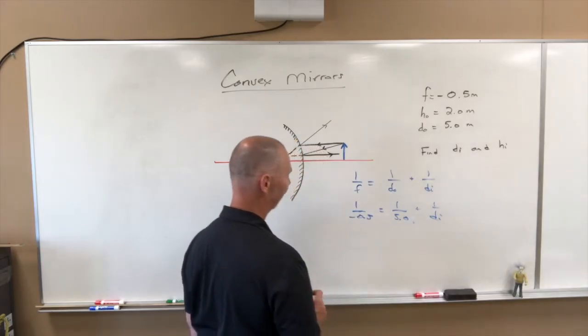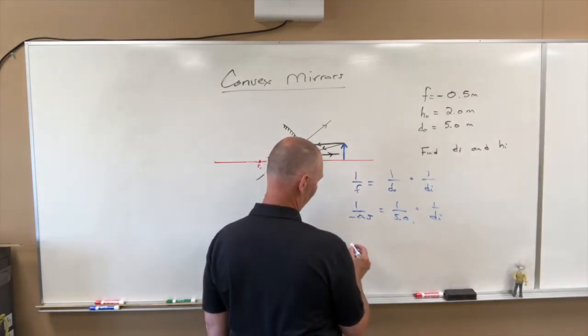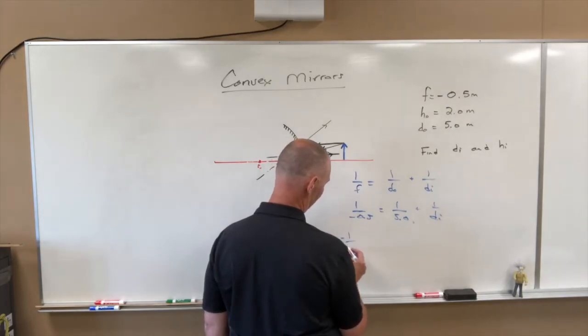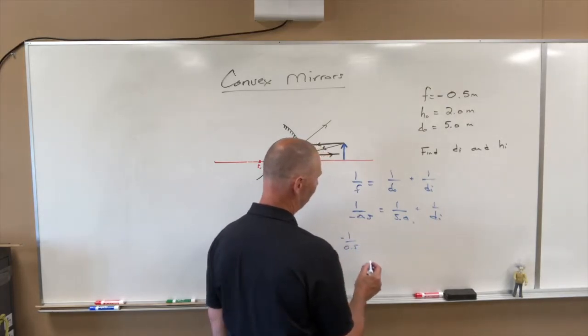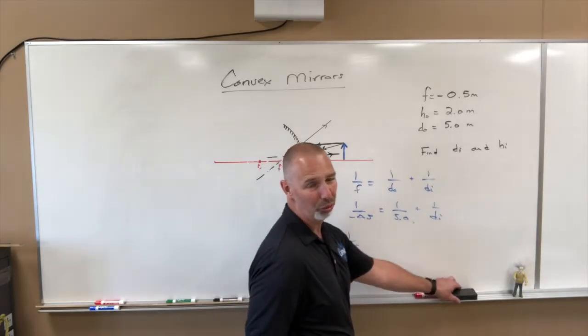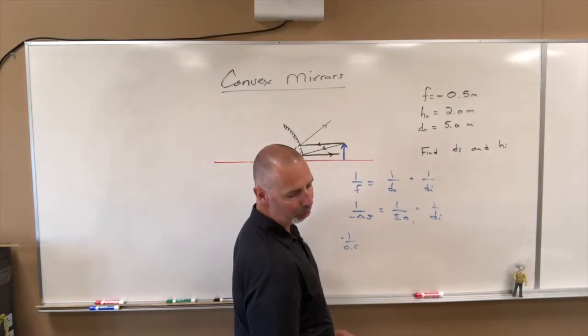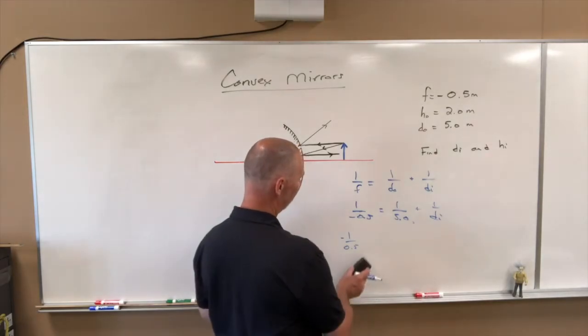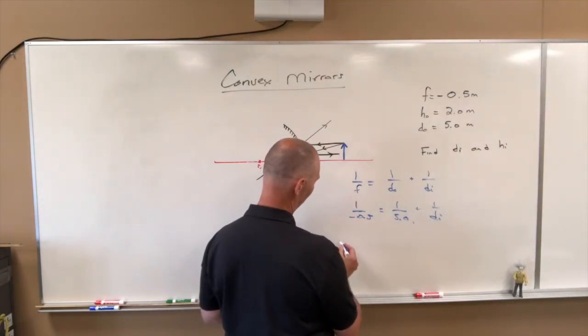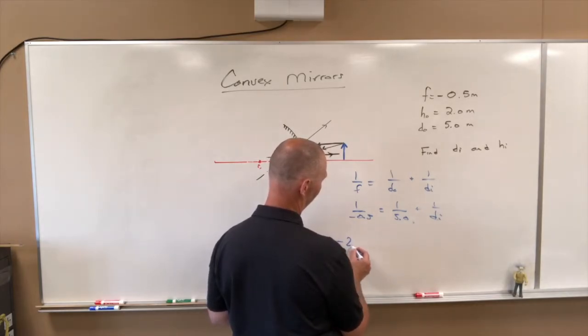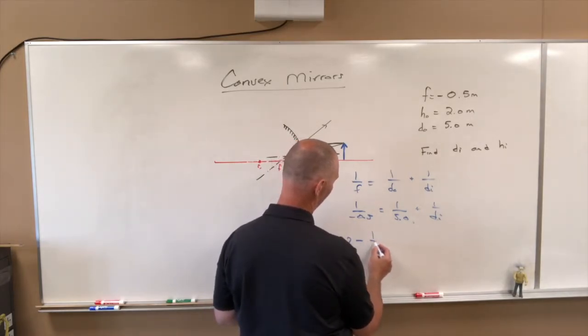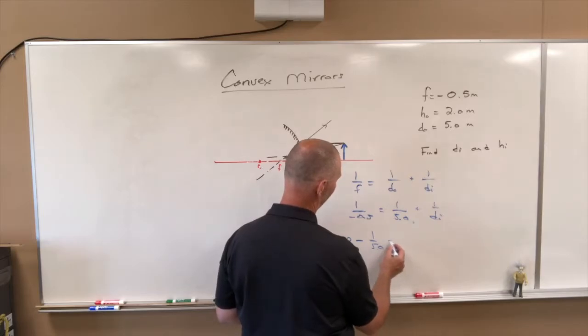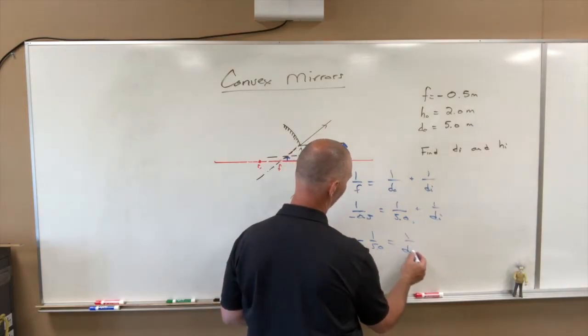All right, let's simplify this. We are going to go negative 1 over 0.5. Now, I'm going to simplify this even further right away. 1 over negative 0.5 is negative 2, right? 1 divided by a half is 2. So I'm going to make this negative 2 minus 1 over 5 equals 1 over DI.